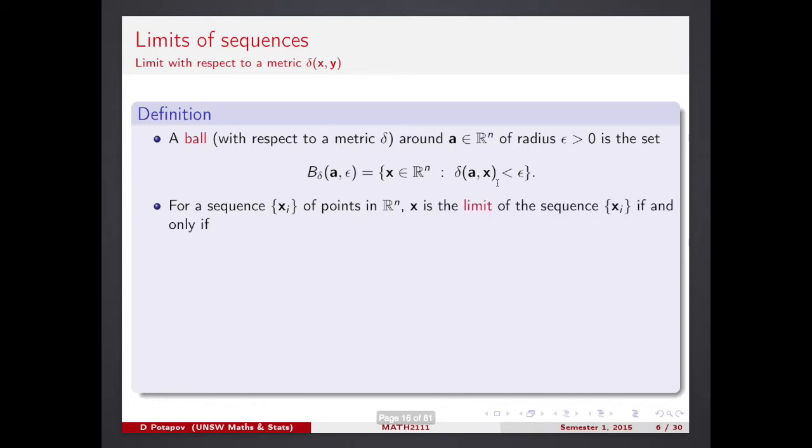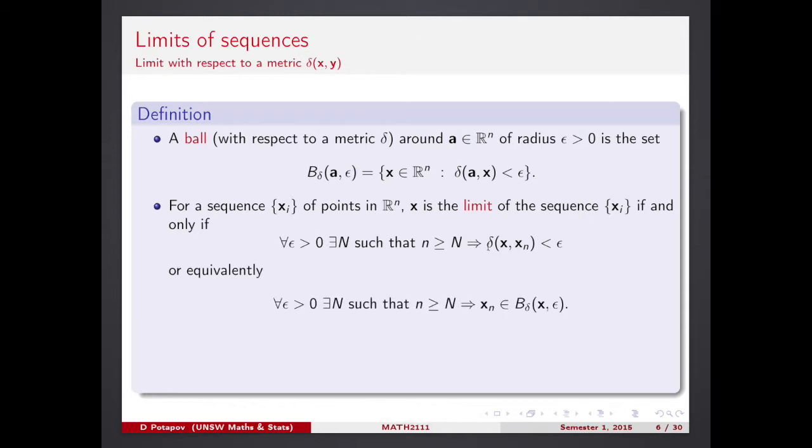And now the definition for the limit sounds like this. For every sequence of points in Rn, for every sequence xn, x will be a limit if you have this epsilon-N definition, which says: for every epsilon bigger than 0, there is an integer capital N such that for every index little n larger than this capital N, xn will be as close as epsilon to x.